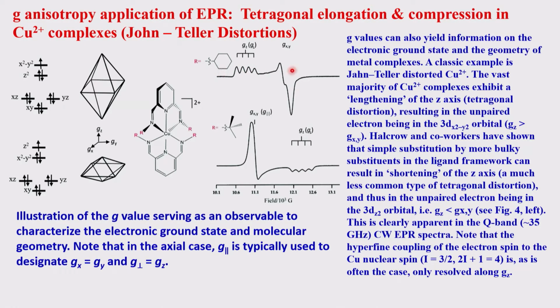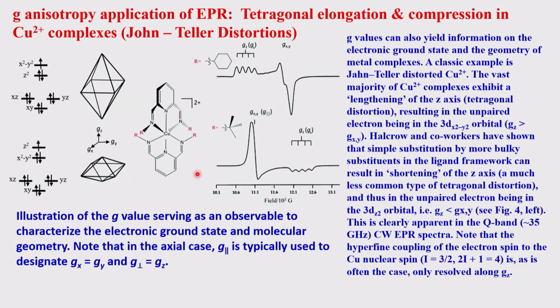You can see 4 here, and the 4 will also be here, but their spacing is so small they got overlapped. That means this coupling value in the g parallel direction is much smaller as compared to the g perpendicular direction when you have a cyclohexyl derivative. On the other hand, you will have the reverse of these ones.